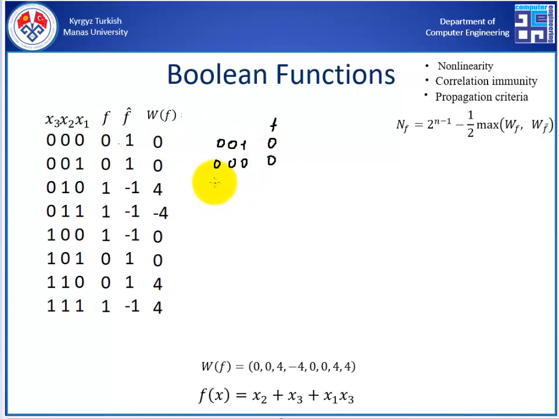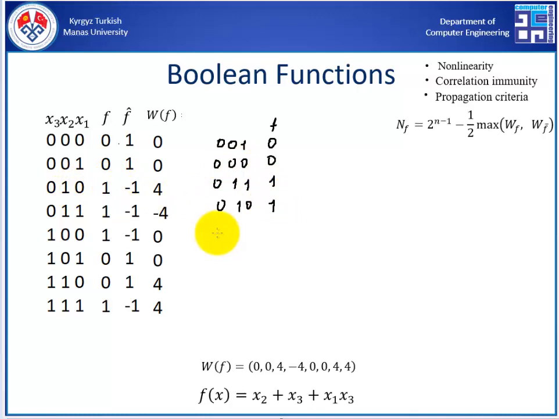Next, we complement the last bit in this input string, 0, 1, the last bit is complemented and it becomes 1. So the output for the 0, 1, 1 input is equal to 1. Next, 0, 1, it was supposed to be 1, but we complement the last bit and it becomes 0. For this input, the output is equal to 1.